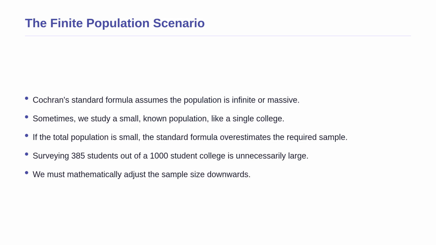Our previous calculation told us we need 385 people. However, surveying 385 students out of just 1,000 is a huge chunk of the population, and it is unnecessarily large to achieve our desired accuracy. When our total population is small and known, the initial formula overestimates how many people we need. Therefore, we must mathematically adjust our sample size downwards.